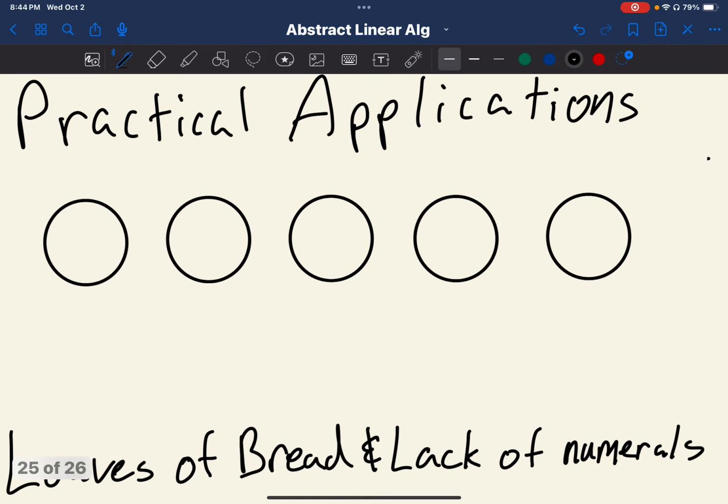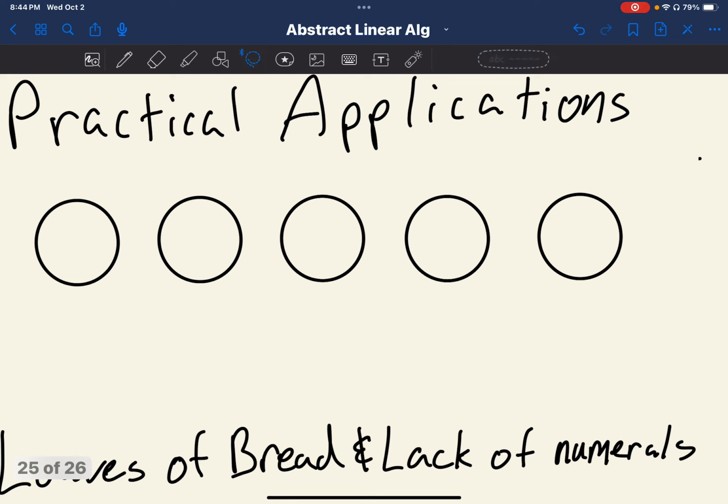Another practical application is imagine that we have 5 circles. In this instance, the 5 circles are going to be cakes, and we're going to divide them amongst 6 people. Normally, we would cut each of these cakes into 6 equal pieces, right? But that takes a lot of cutting, especially if there's 5 or even more cakes.